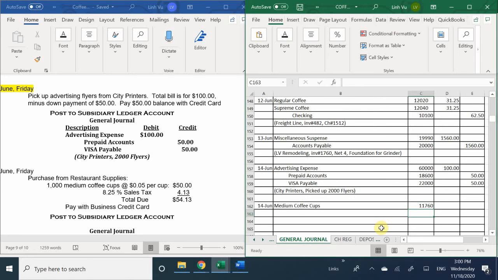Okay. And how am I paying for these cups? We are paying for it with the business credit card. So, perfect, Visa payable. It'd be Visa payable. Good. And that's 22,000. And my grand total for each transaction is going to be $54.13.